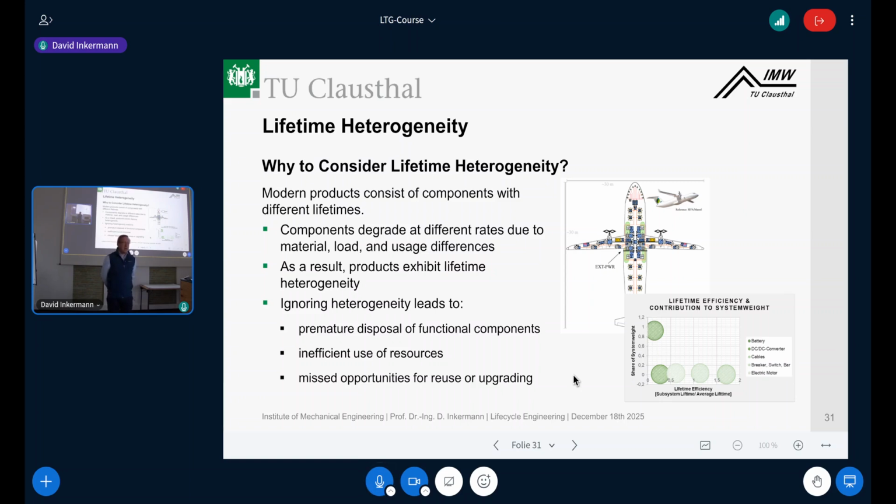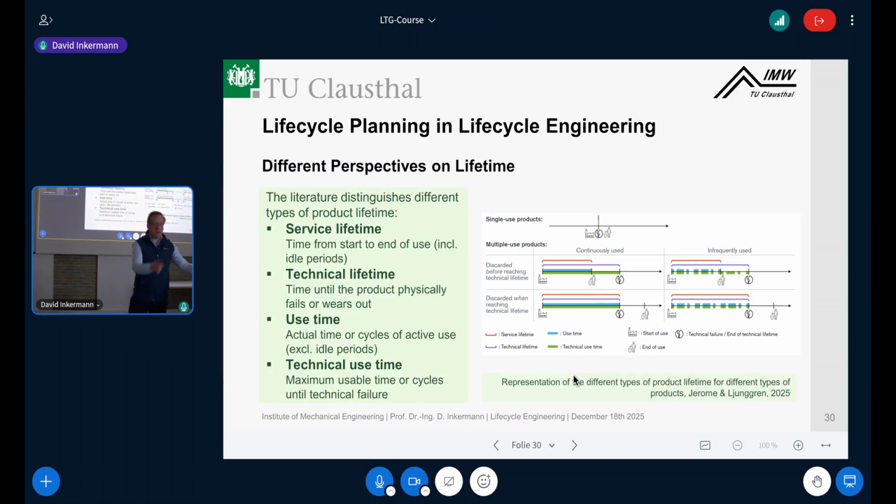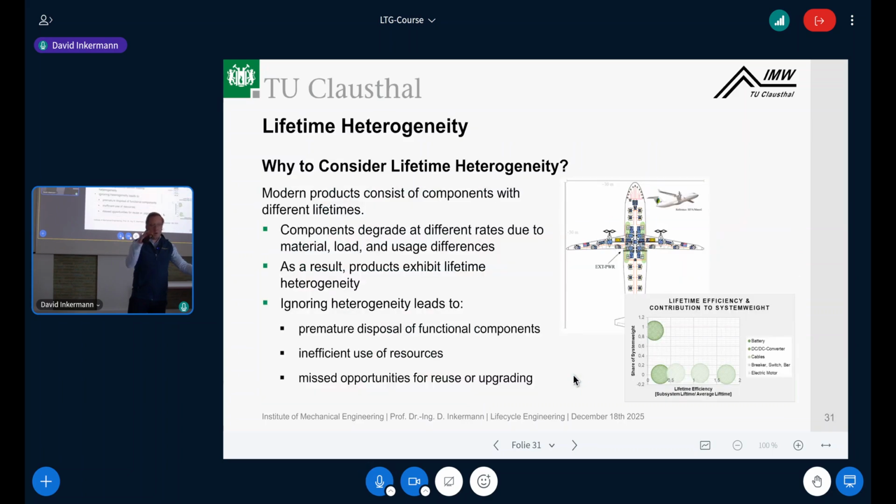And what is interesting, in the first place, you will recognize that for the different components, that is not what we considered here. So this was consideration of the overall product. But if you now go to a more complex product like the aircraft, you will conclude there are many components, and the different components have also different lifetimes.